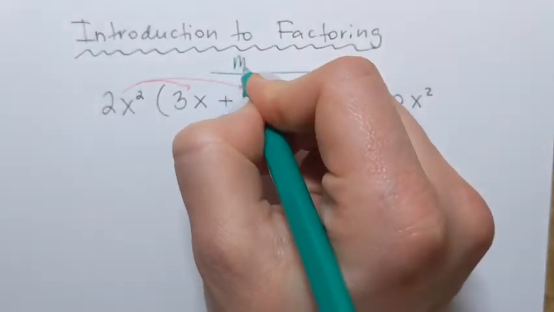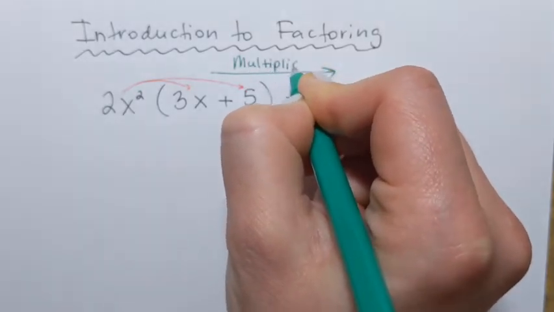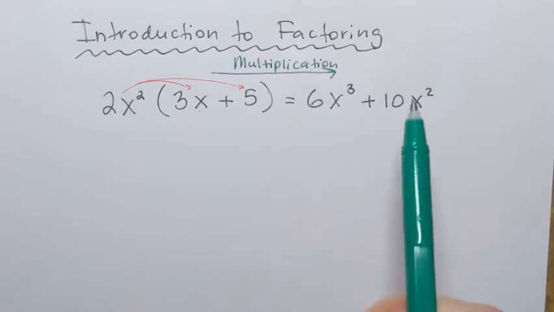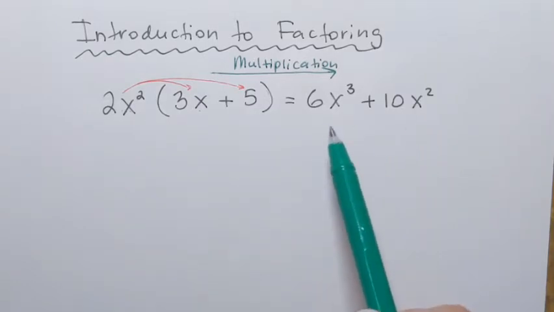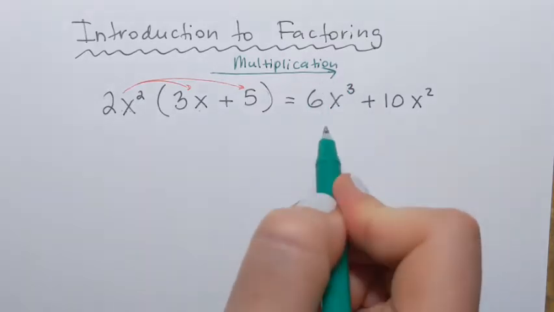So multiplication goes this way. But factoring is the reversed process. In other words, when we factor, we start with an expression of this kind and we go backwards.